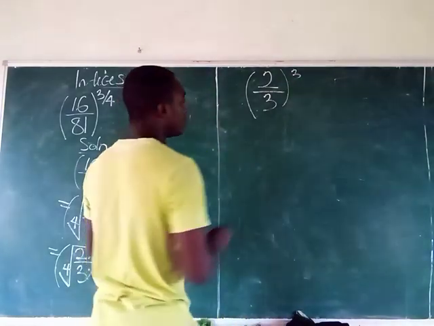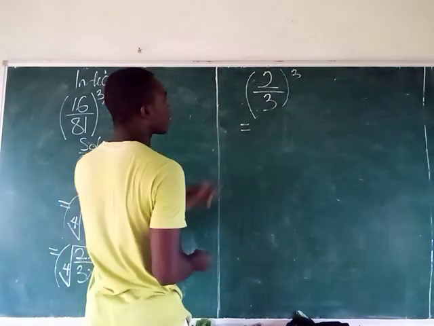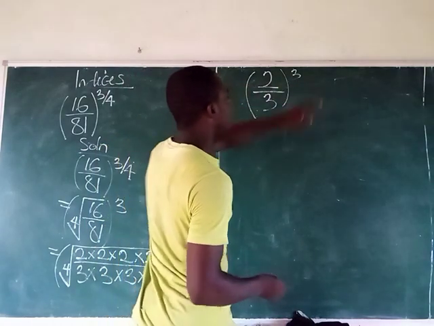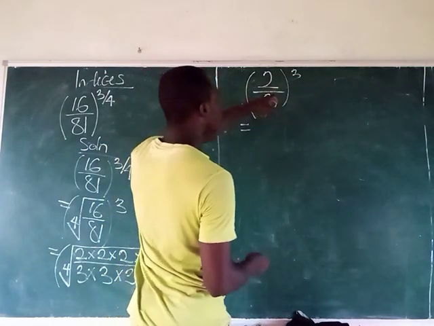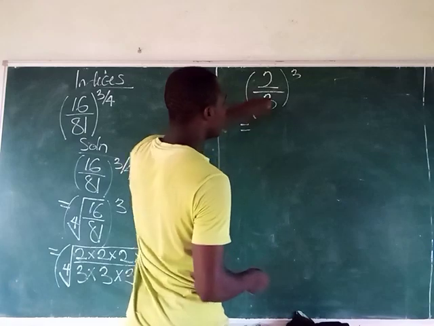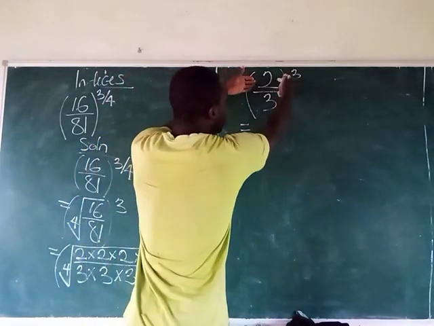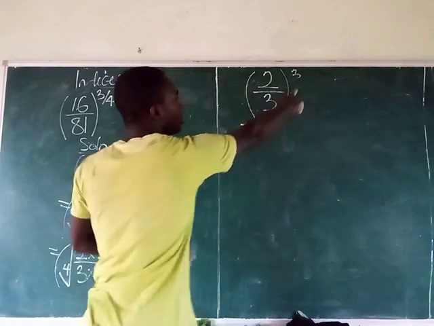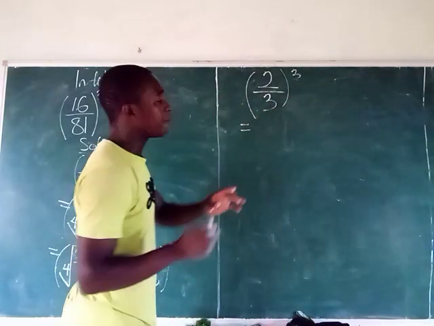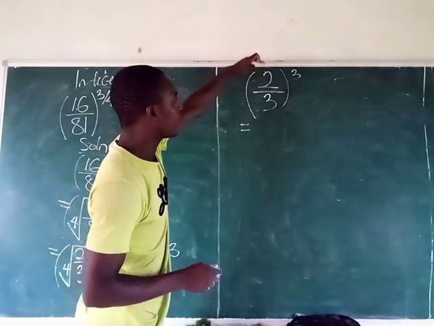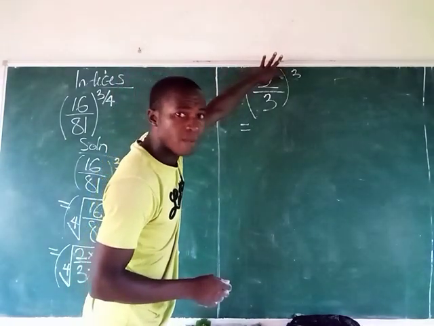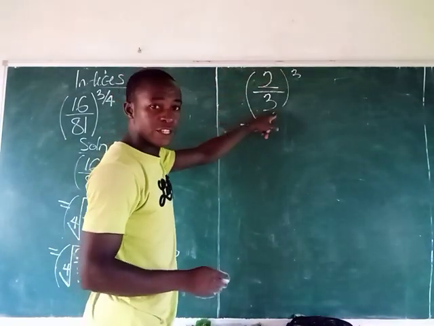And so this is equal to 2 raised to the power of 3 over 3 raised to the power of 3. That means this law is not only affecting 2, it is affecting both the numerator and the denominator.